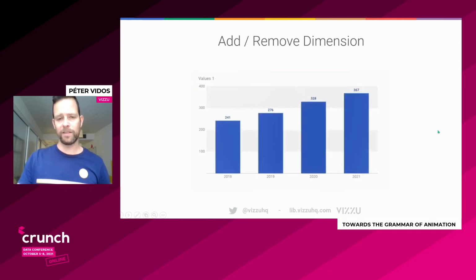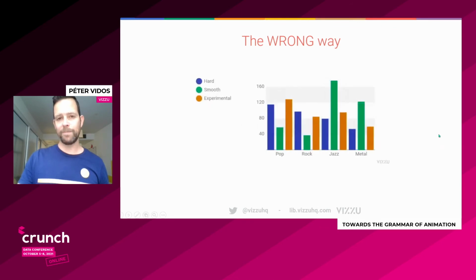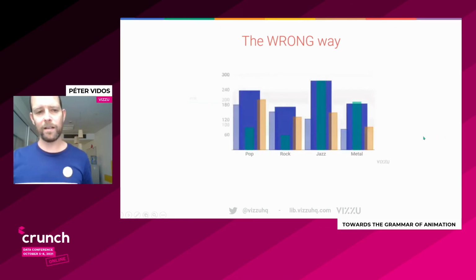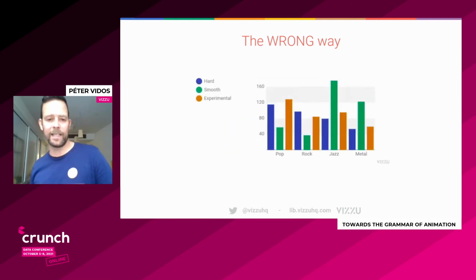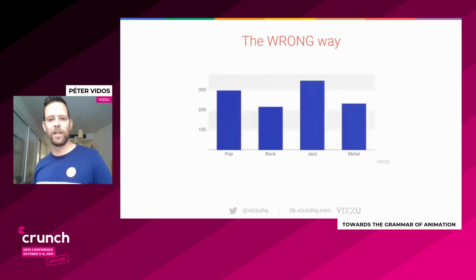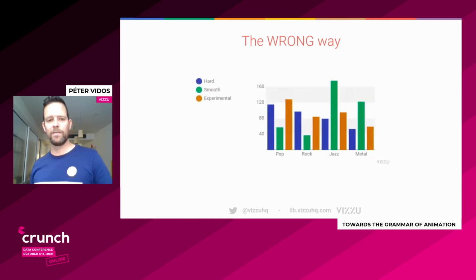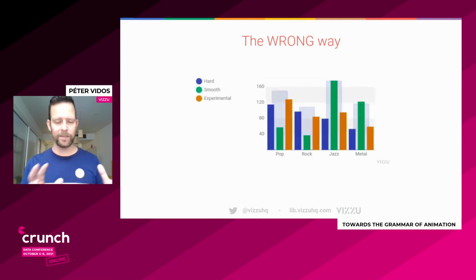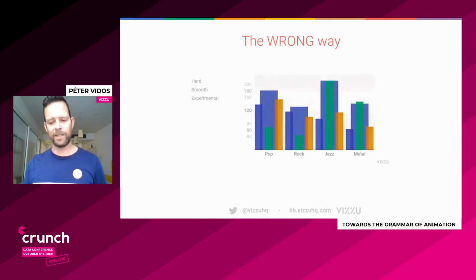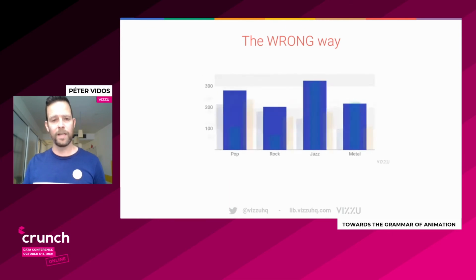This can also be done in the wrong way, and it means that no system can animate well if you mess with this rule. It's even worse than when I was showing you static charts, I think, because too many things happen at the same time. This is really important with animated charts: you have to limit how many things you change in one animation phase to make it easy for people to follow along.